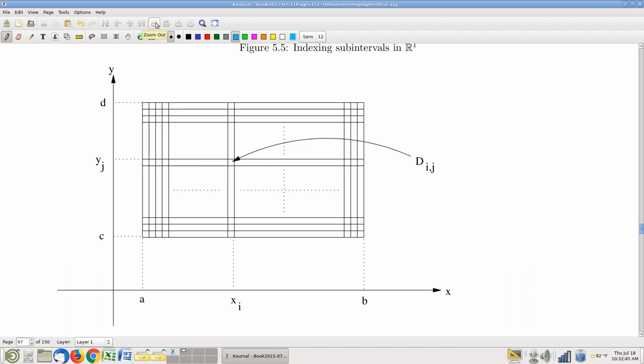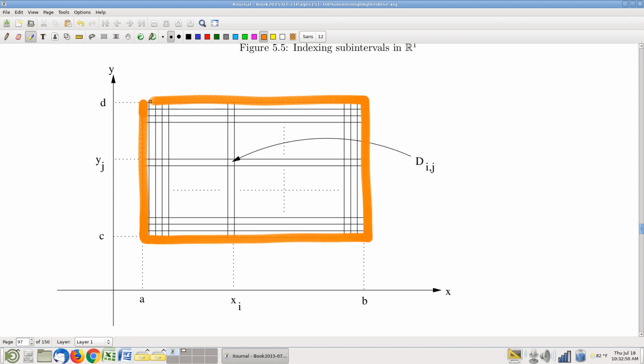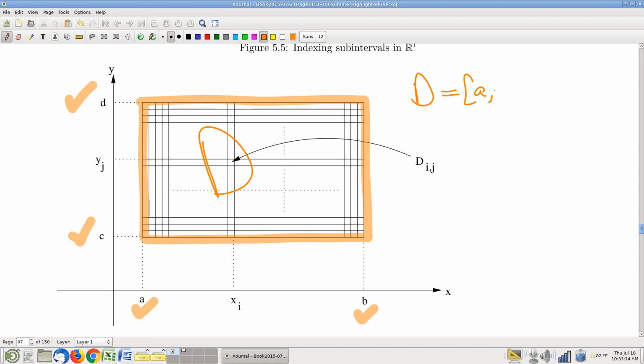Here's the thing. The rectangle, I can characterize by what are the endpoints of its shadow on the x-axis, and what are the endpoints of its shadow on the y-axis. Just for notation, this domain D, I'll do it in orange. The notation that we'll use for this is square brackets a comma b, cross square brackets c comma d.